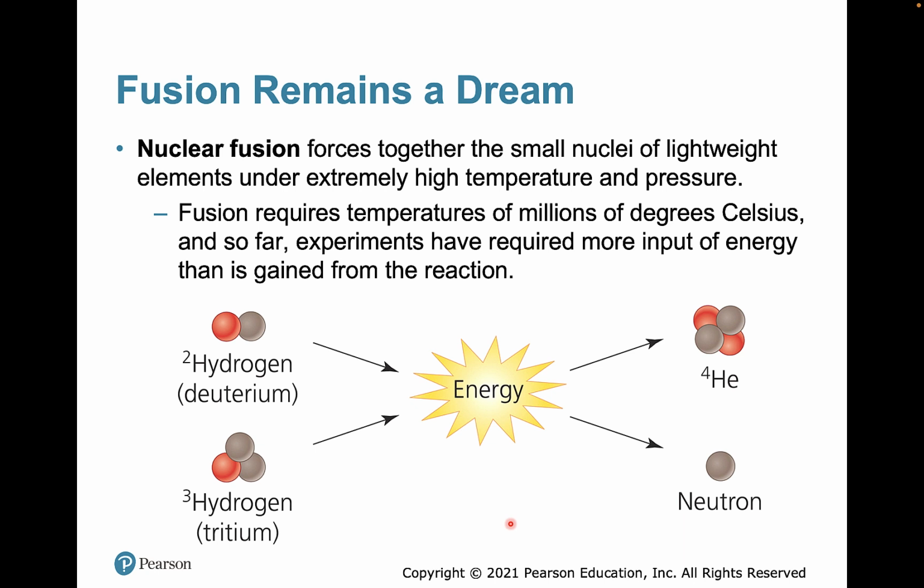So the other side of things, it's a dream at this point, is nuclear fusion. If fission is splitting the atom, fusion is putting atoms together, okay? So in the process of fusion, which actually takes place in the sun, and it's what gives us the energy and the heat from the sun, hydrogen 2 and hydrogen 3 are fused together, mushed together to create a whole lot of energy, and helium and a neutron, okay?